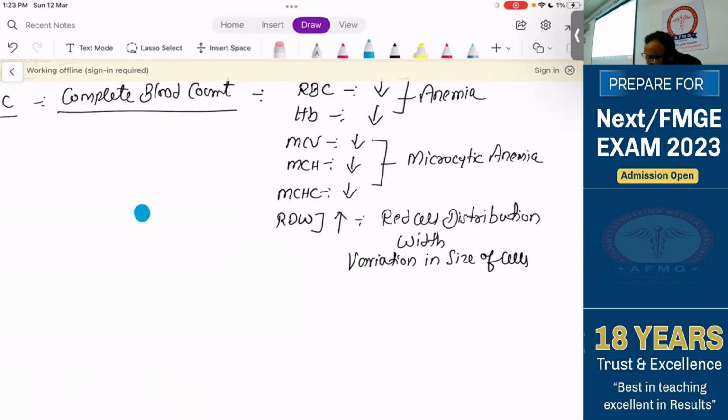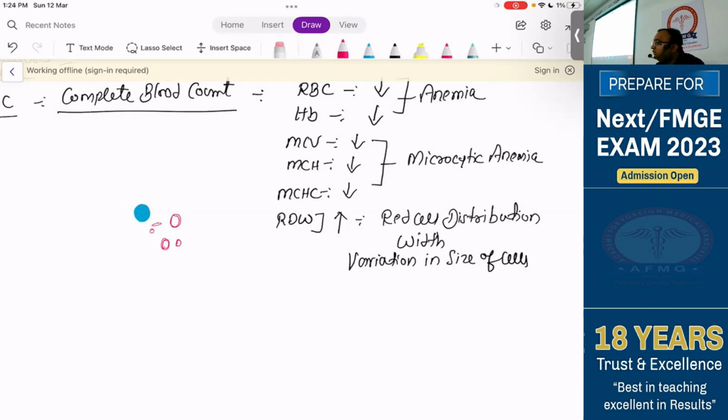When we look at the peripheral blood film of IDA, you will find RBCs like this. You can see these are all small RBCs, but all have different sizes. So this variation in size is important for RDW.